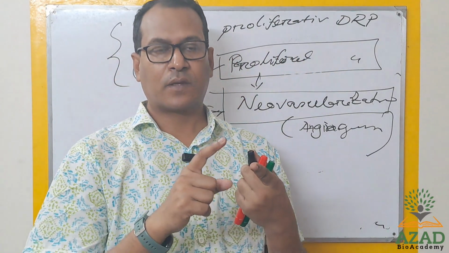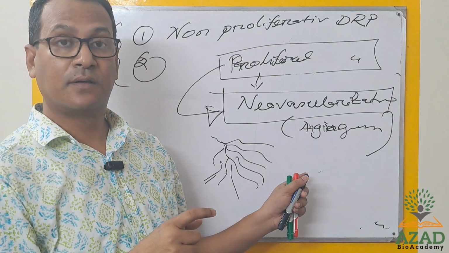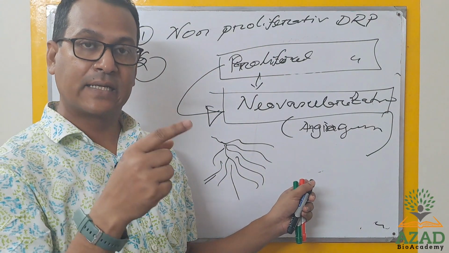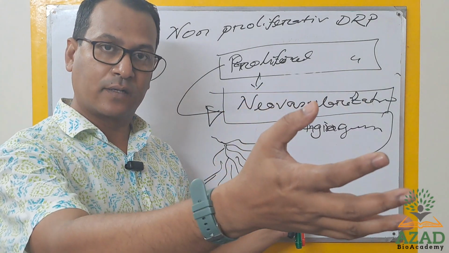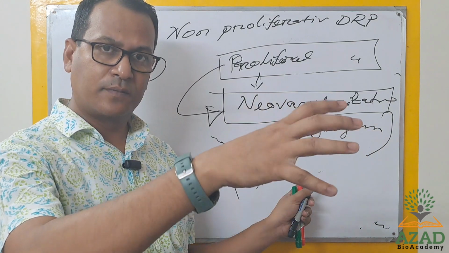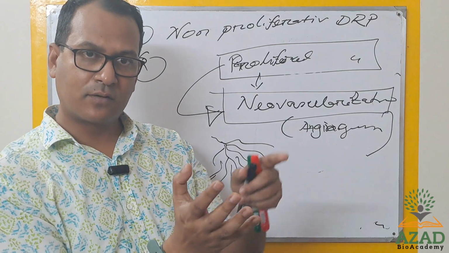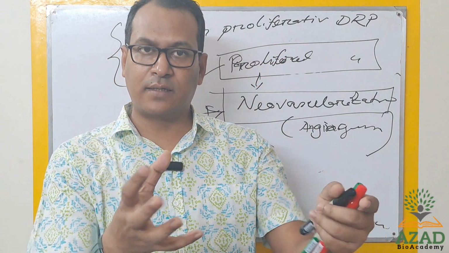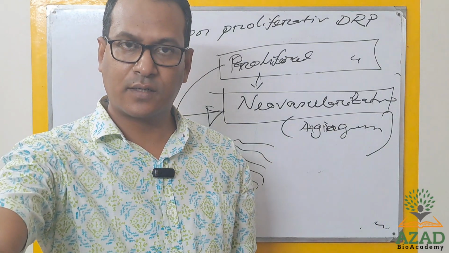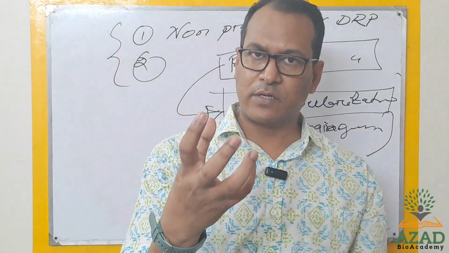That will decrease the blood flow, already an ischemic condition, because it can inhibit the endothelial releasing growth factor, that means nitric oxide. So if nitric oxide production is inhibited, then the blood vessel will not be dilated, that is, it will contract. So blood flow will decrease.